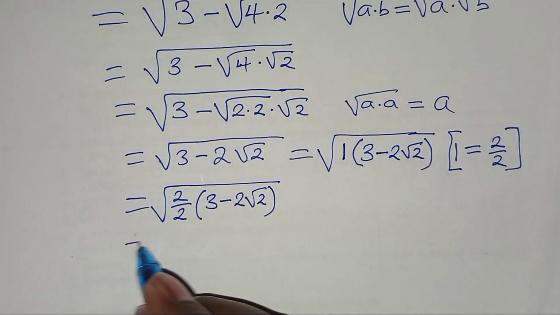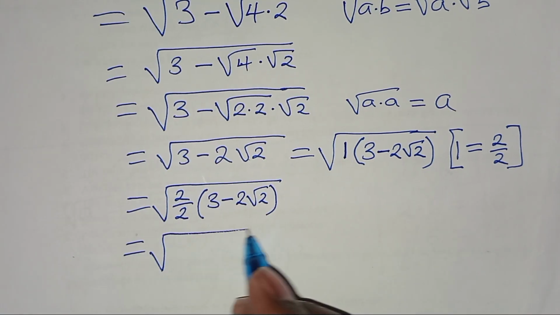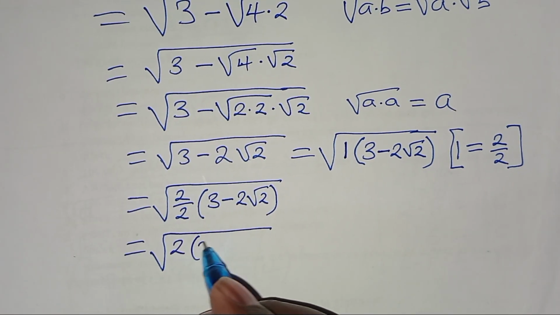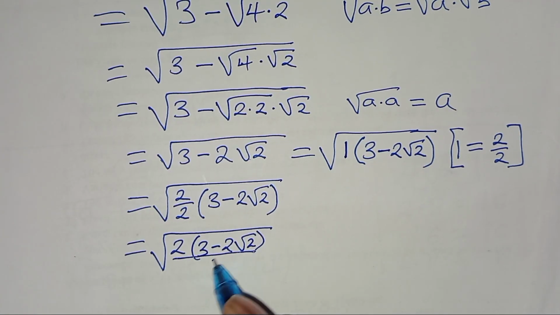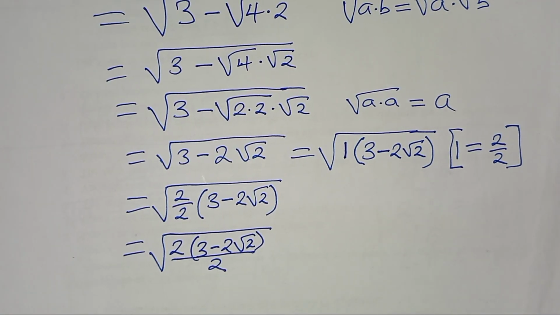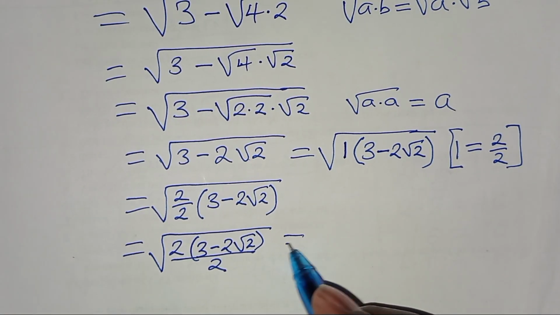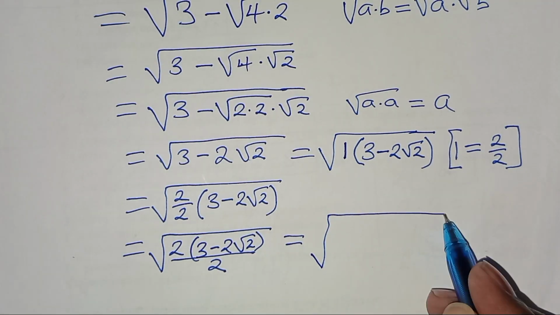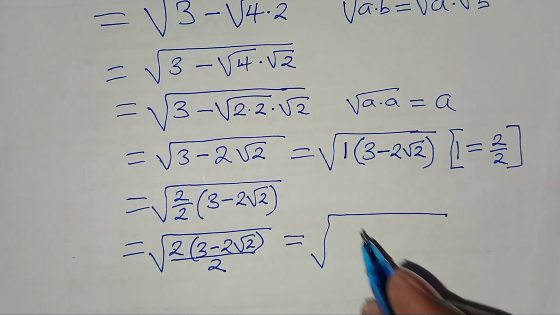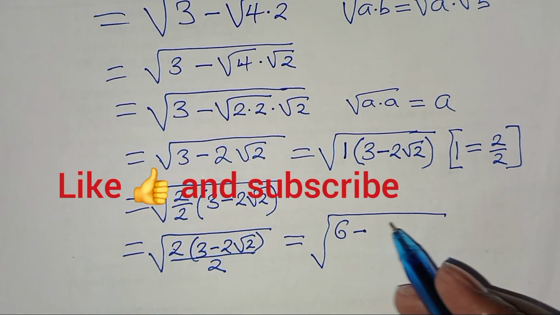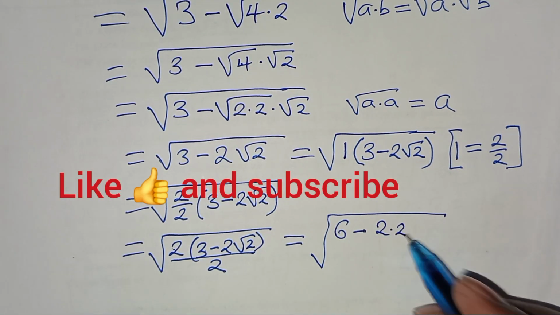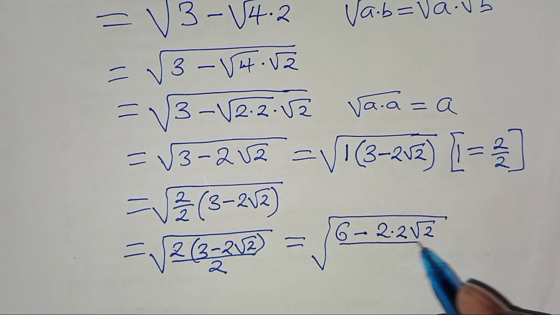Here we'll have the square root of 2 multiplied by 3 subtract 2 square root of 2, divided by 2. So now we'll have the square root of, this is 2 times 3, which is 6, subtract, this is 2 times 2 square root of 2, divided by 2.